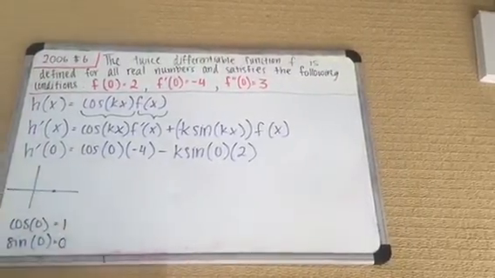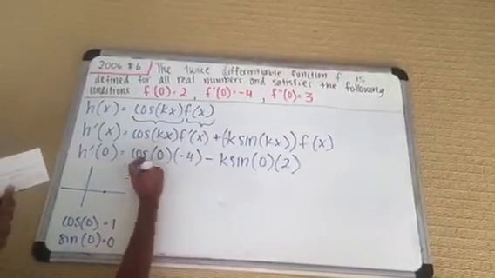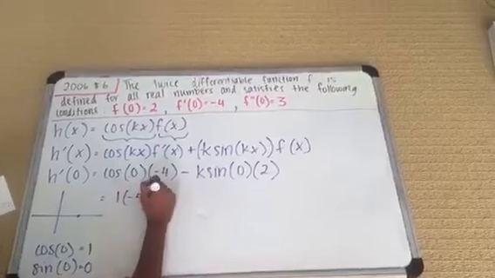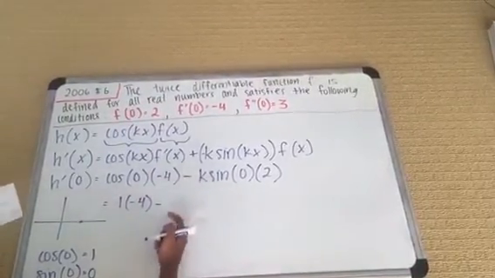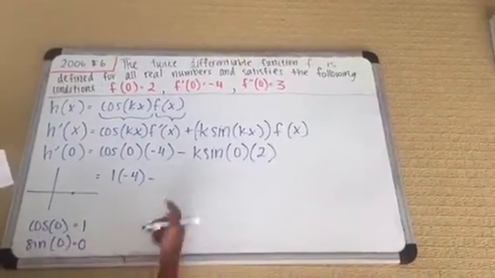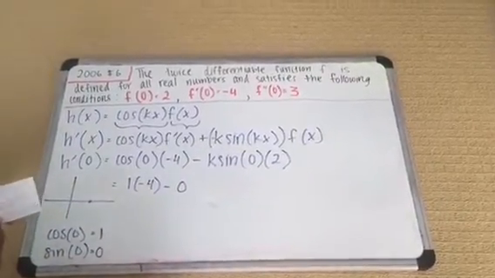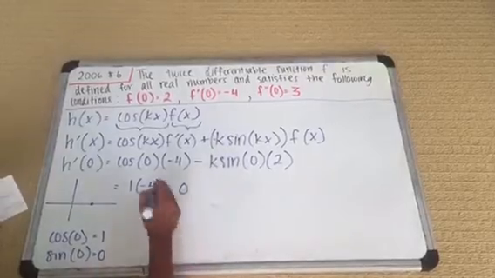Now we can plug those values back in. Cosine of 0 is 1, so 1 times negative 4 minus, since sine of 0 equals 0, it just cancels out all the other components of that term.